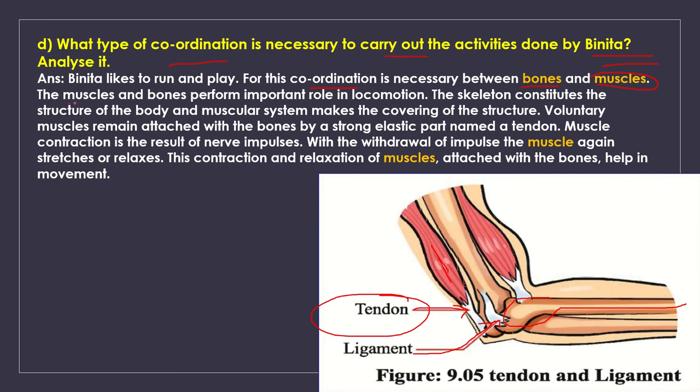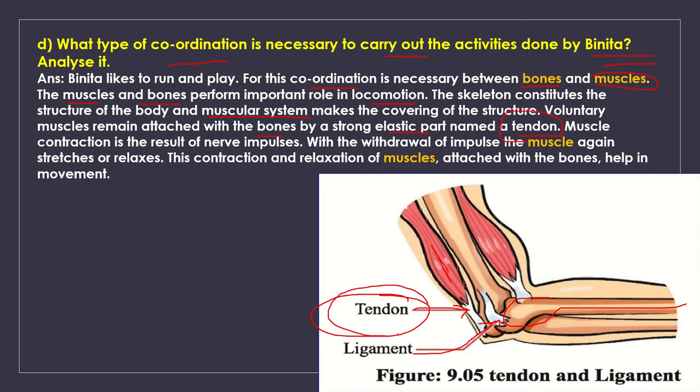Muscles and bones perform an important role in locomotion. That means whenever you need to move, your muscles and bones are very important parts. The skeleton constitutes the structure of the body, and the muscular system makes the covering of the structure, and voluntary muscles remain attached with the bones by a strong elastic part named a tendon.